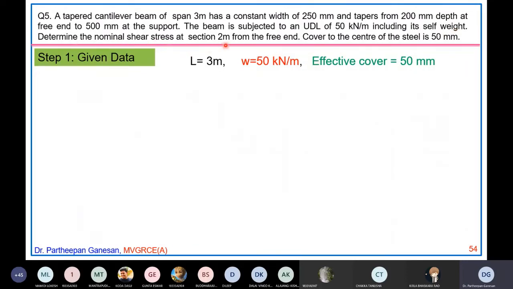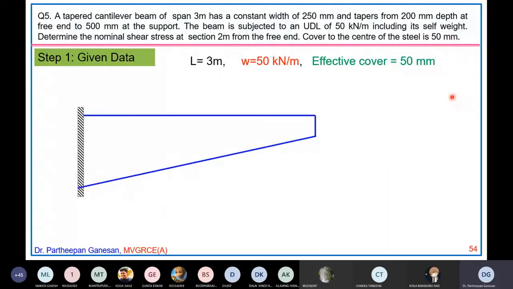Determine the nominal shear stress at 2 meter from the free end. Nominal shear stress means what? What is the symbol that we are using? Tau V. So you have to find out tau V at a section 2 meter from the free end. Cover to the center of the steel means it's an effective cover, 50 mm cover.